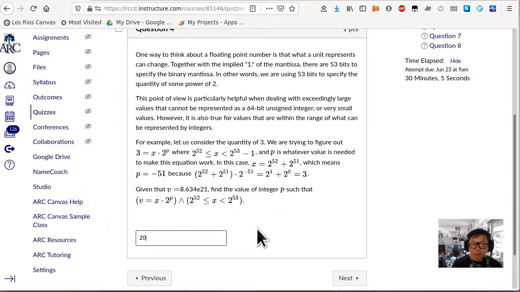So whatever mantissa I have at this point, if it has fewer than that many digits, then I need to shift it p times to the left in order to fill up the entire mantissa space. So in this case, we need to left shift 20 times in order to fill up the whole space.